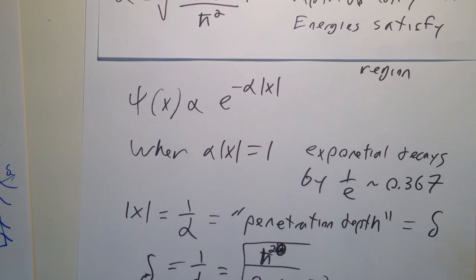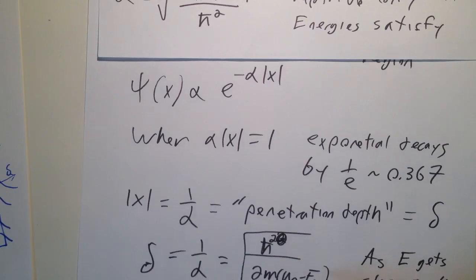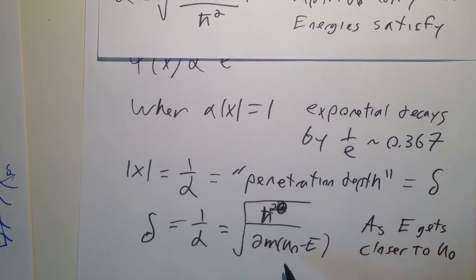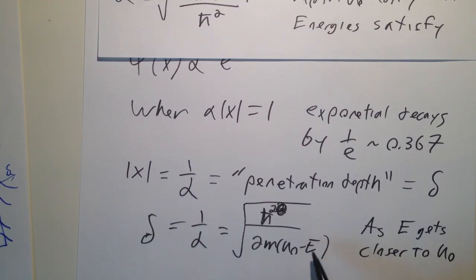I note that as my energy increases, my energy is less than U naught, but as my energy gets closer to U naught, this quantity gets smaller, it's in the denominator, so my penetration depth gets bigger.